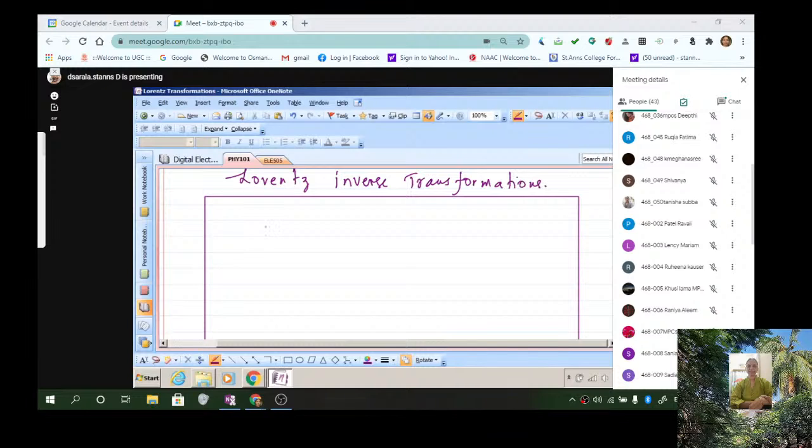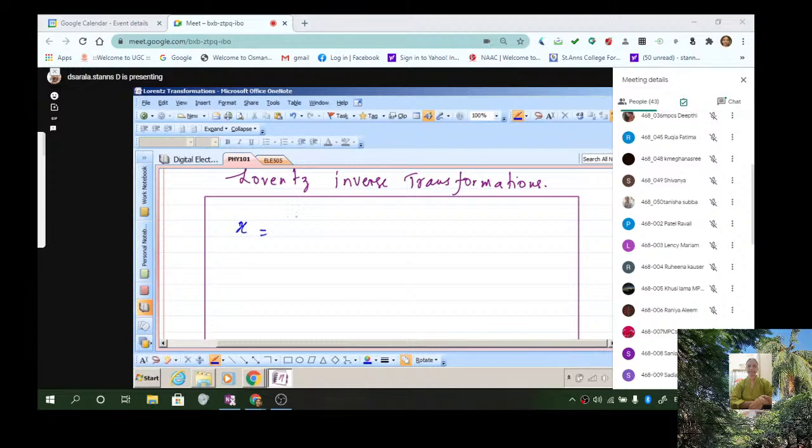So what should that be? You wrote x in terms of x prime. If you write x prime in terms of x, it is inverse. This is again relative. Which is inverse of what? A and A inverse, something like that. So now we will write x in terms of x prime.